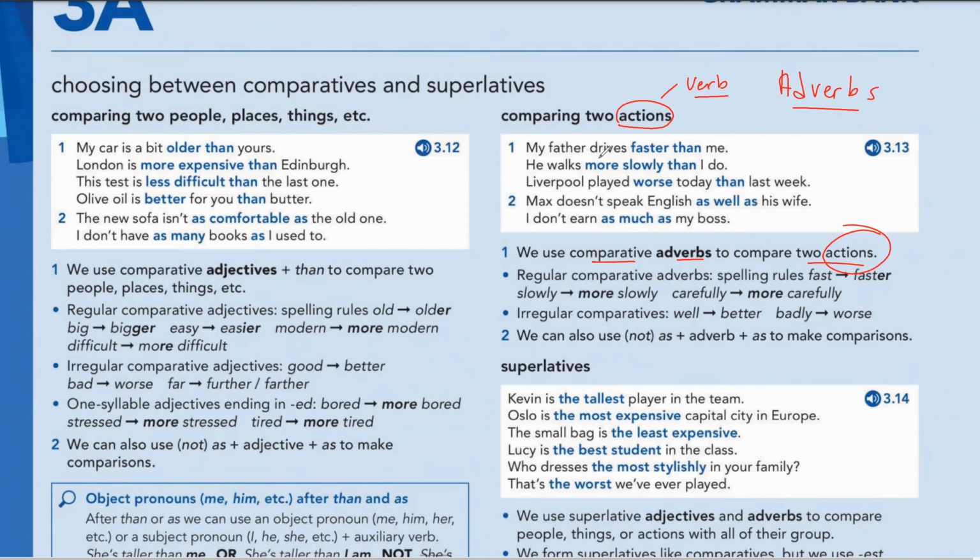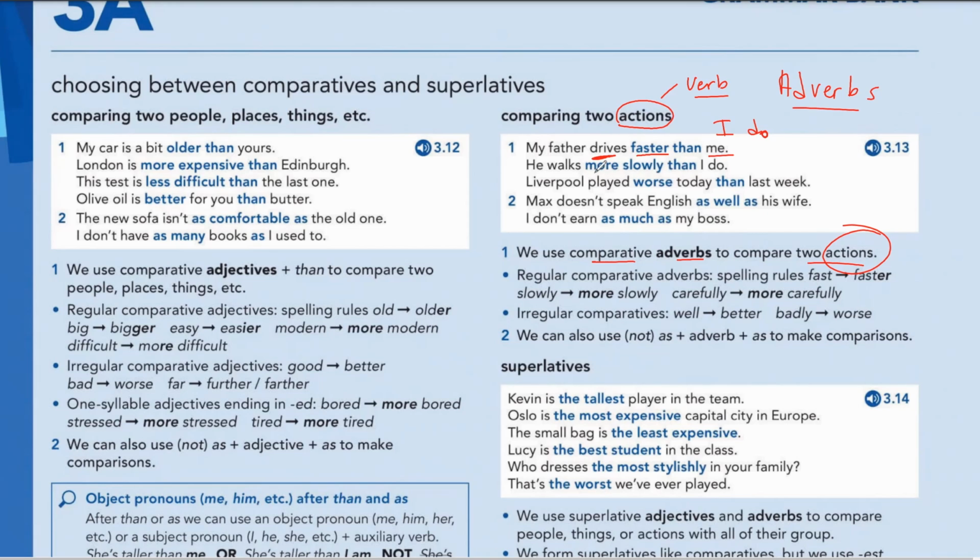Now, my father drives faster than me. It could also be faster than I do. You can also say that, yeah? So my driving and my dad's driving. I'm comparing two driving actions.